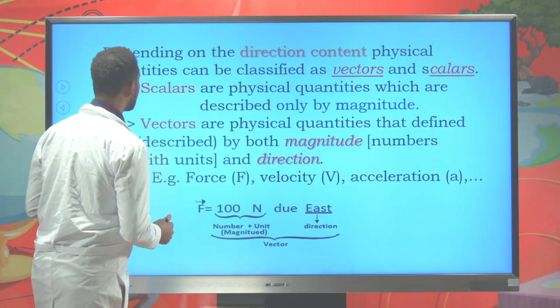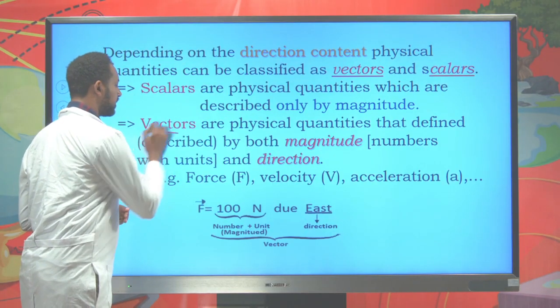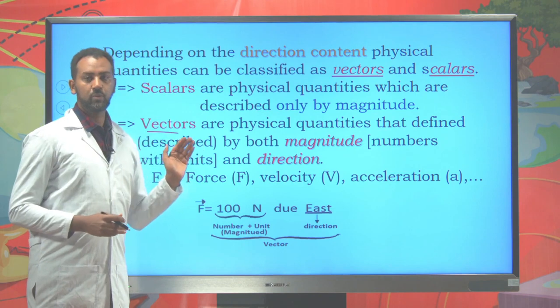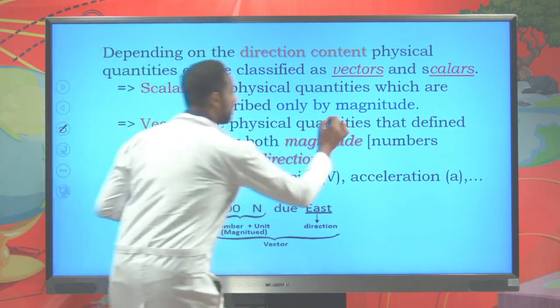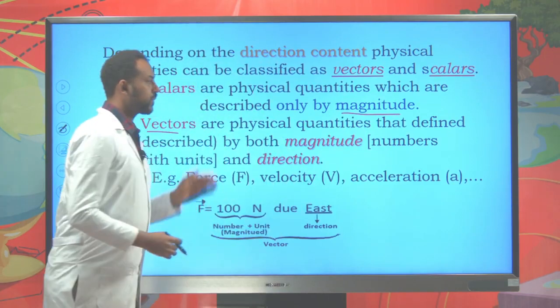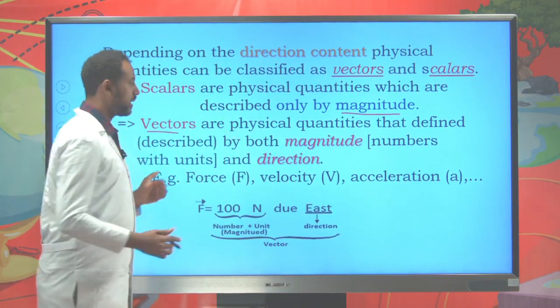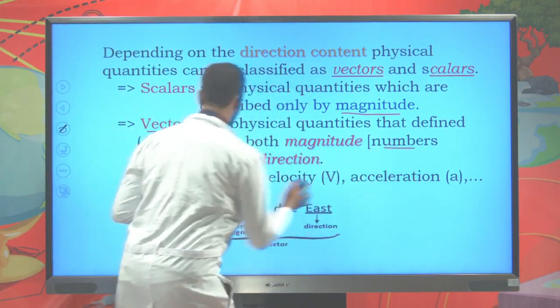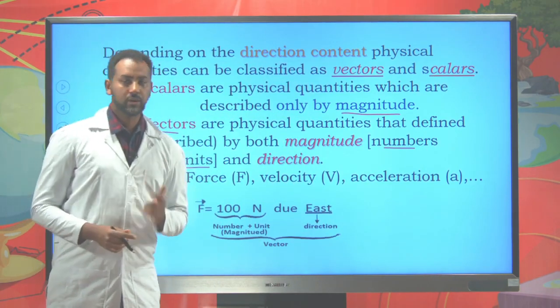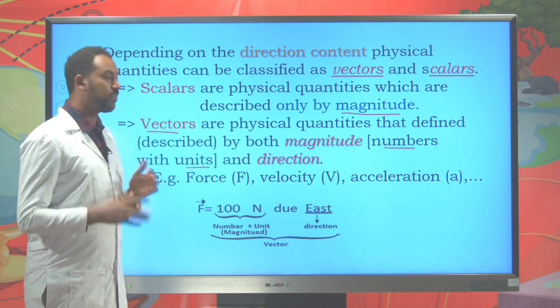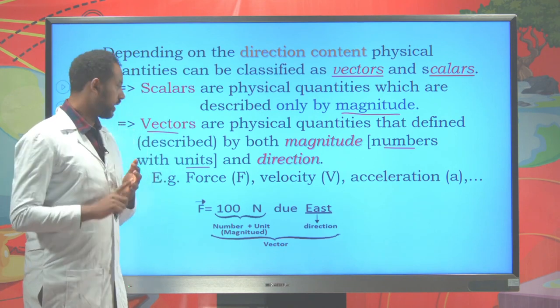Our main concern is to discuss vectors. Scalars are physical quantities which are designated only by magnitude. Magnitude means something which consists of a number and units. Whereas vectors are designated by both magnitude and direction.